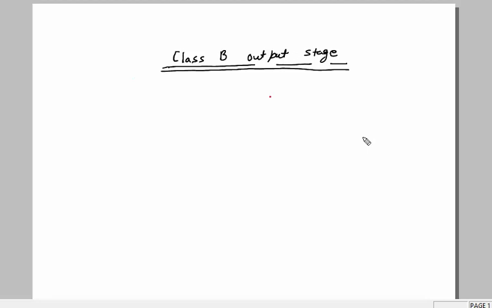So what we have here is, first, an NPN, let's call it QN, and then one PNP, let's call it QP. So both are connected.